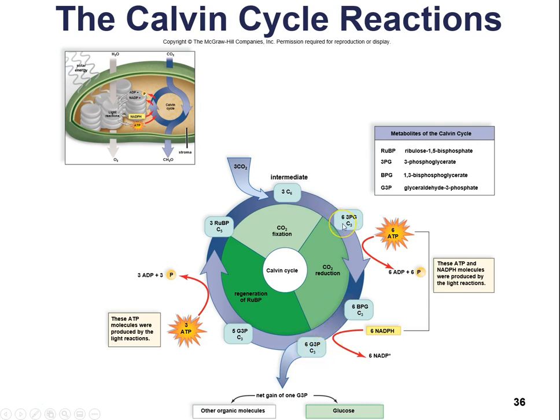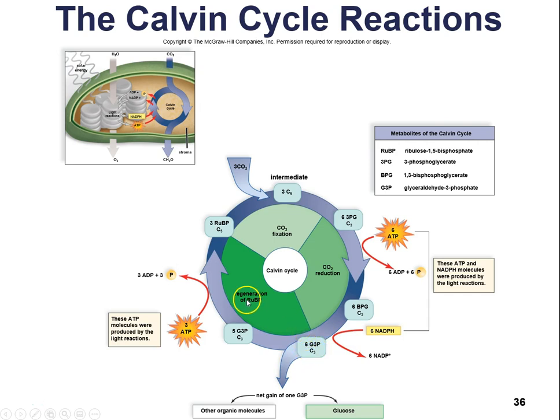Let's think about what the function is of each one of these phases that I just went through. And again, there are many other reactions in between some of these, so we're highlighting some of the main parts of this process. In the reduction part, you're moving from these 6 molecules of these 3 carbon molecules, C3, that's what this means, converting them into BPG, and then eventually into G3P.